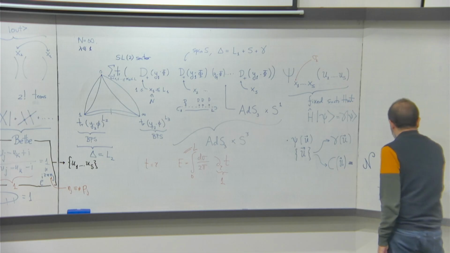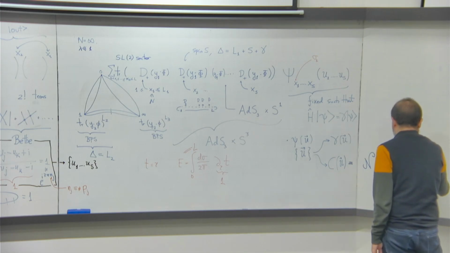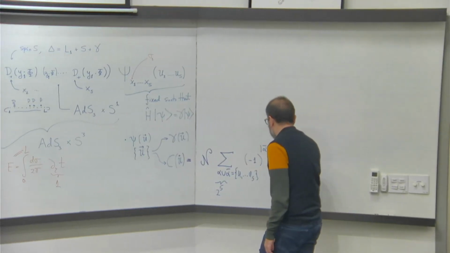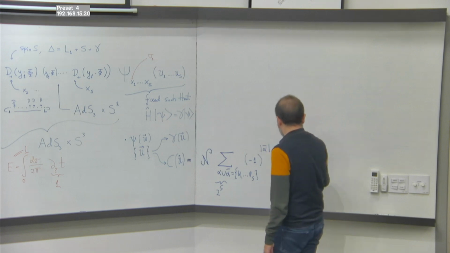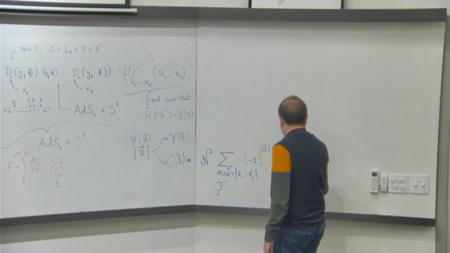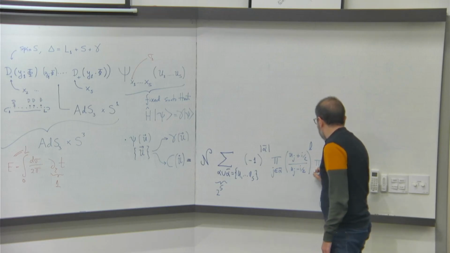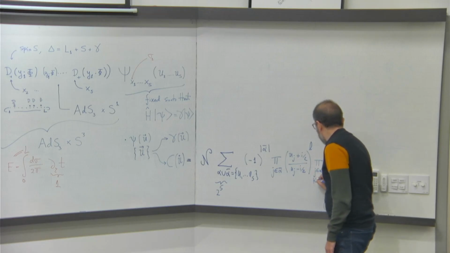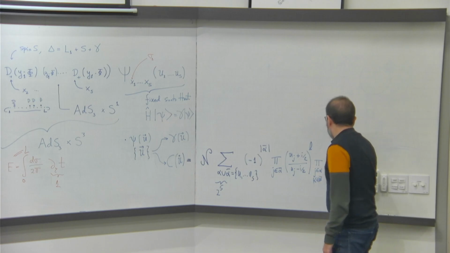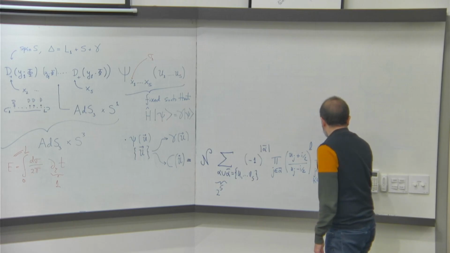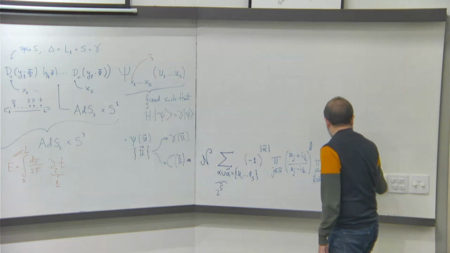And then the result you get is (-1) to the number of elements in alpha bar, and then there is a product over the elements in alpha bar of (uj plus i over 2) over (uj minus i over 2) to the power L, and then a product over j belonging to alpha and k belonging to alpha bar of (uj minus uk plus i) over (uj minus uk).